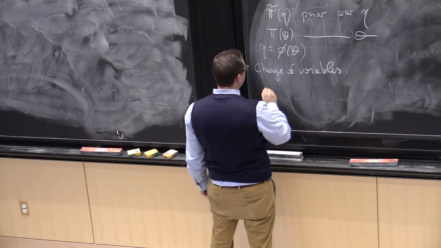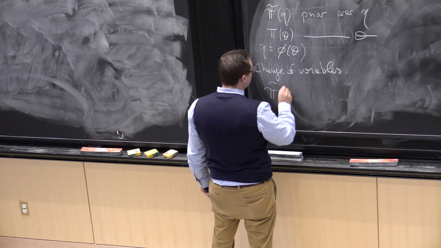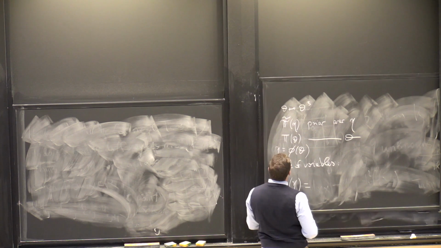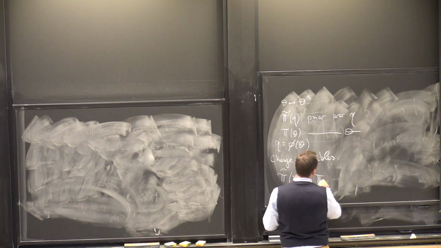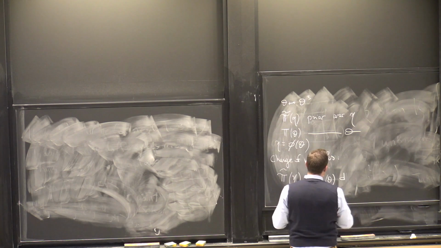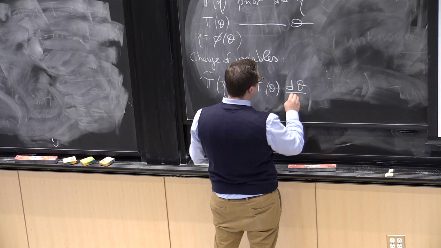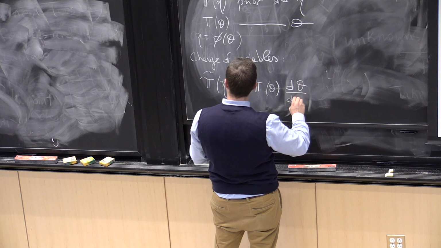It says that pi tilde of eta is equal to pi of theta times d theta over d eta.